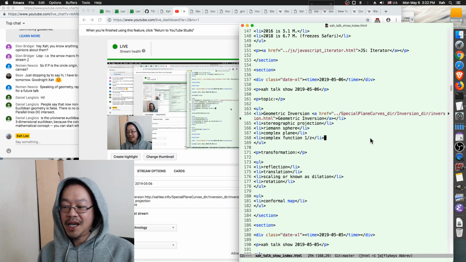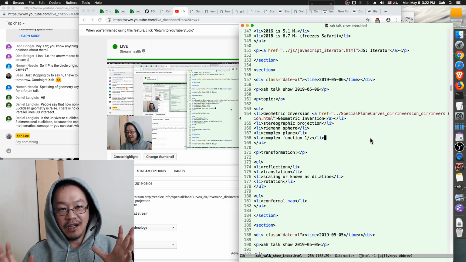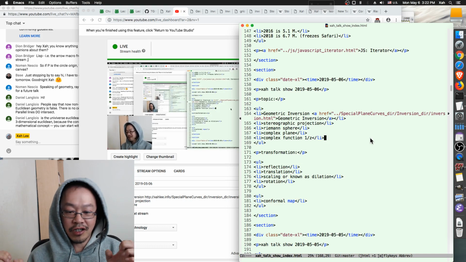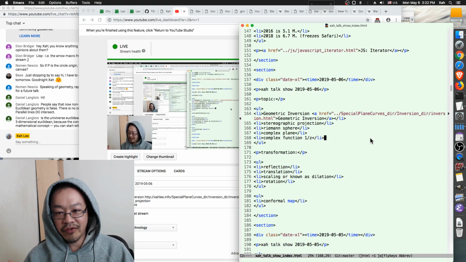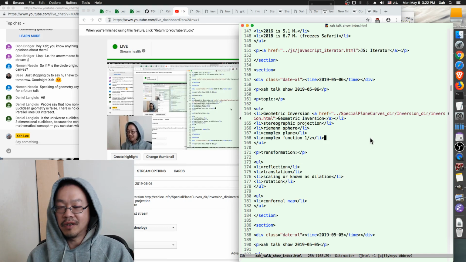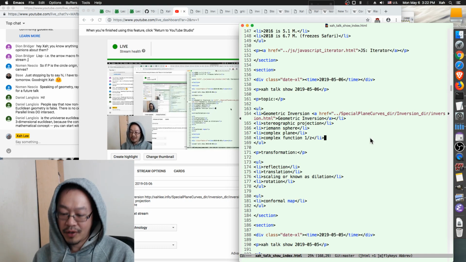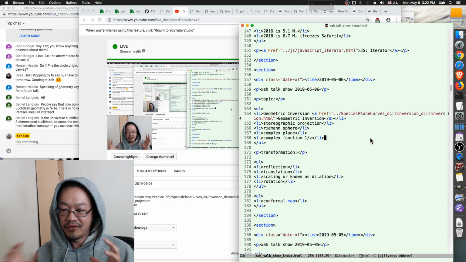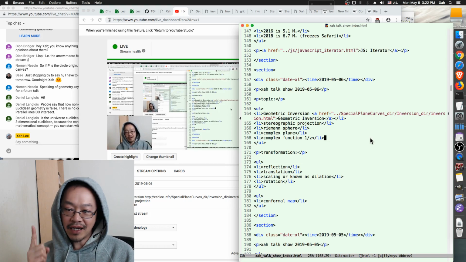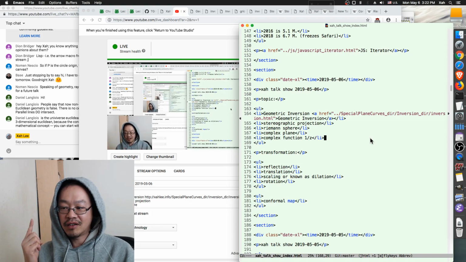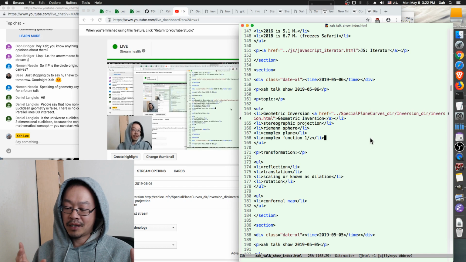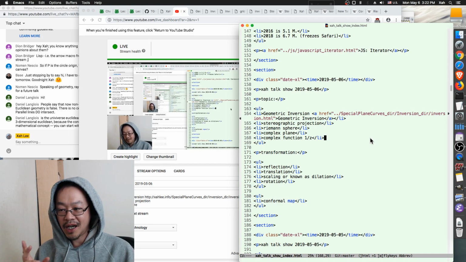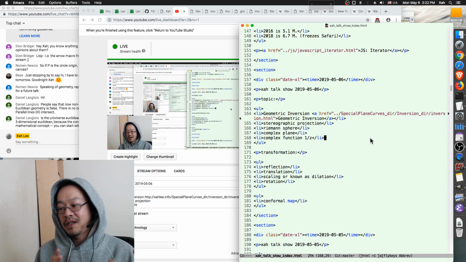Then we have covered geometric inversion, which is a geometric transformation. We have covered some important properties of geometric inversion: it is angle preserving, circles map to circles or lines, and lines become lines or circles.